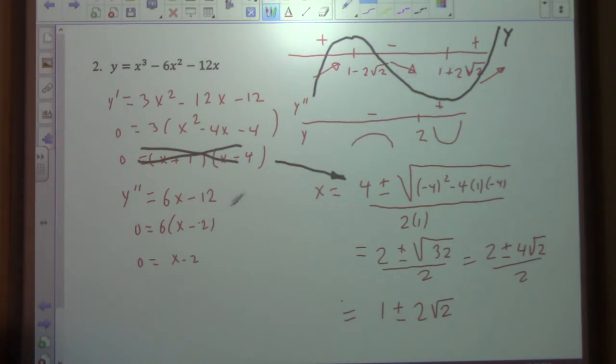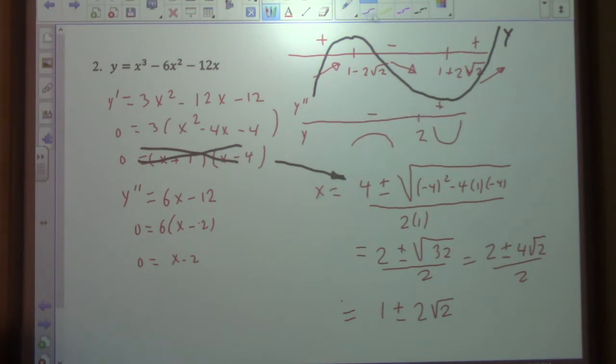And then if you take the second derivative of this, from 3x squared minus 12x, you get 6x minus 12. And then the critical number for this is going to be x equals 2. The second derivative figures out what concavity is. And so we see that our concavity changes from negative to positive at x equals 2.